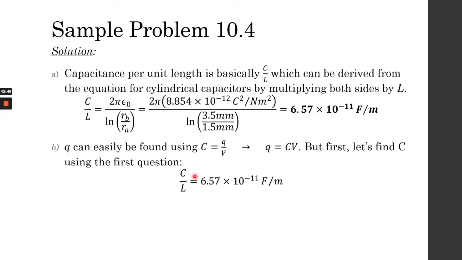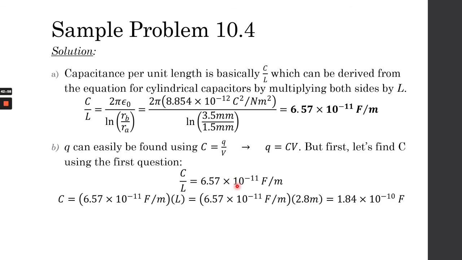So let's find C. Basically you have your capacitance per unit length. You just have to multiply it by the length to get C, right? Because you're given the length. Multiplying that will give you this capacitance.